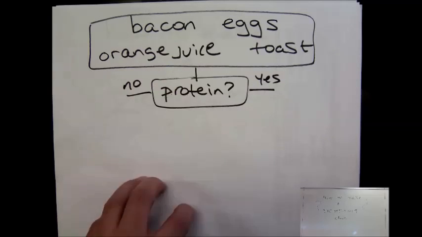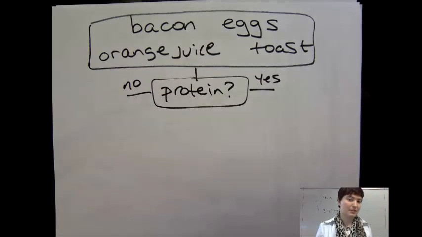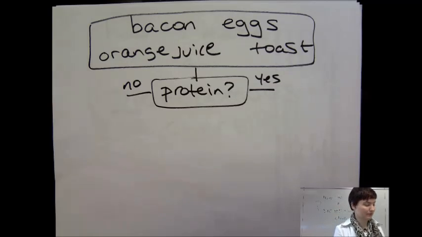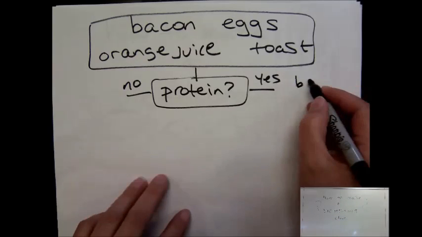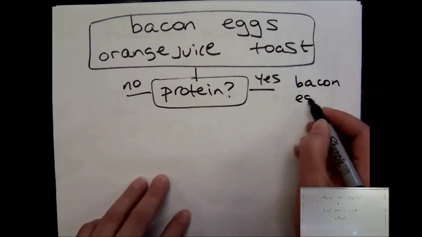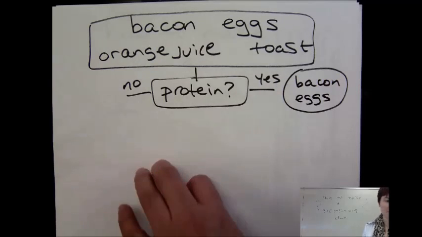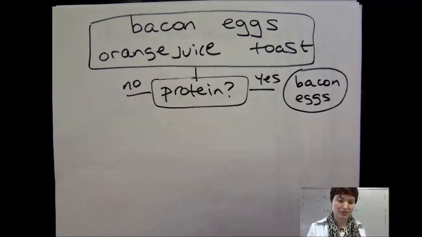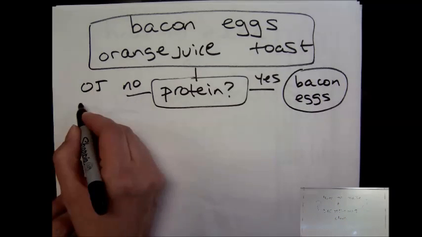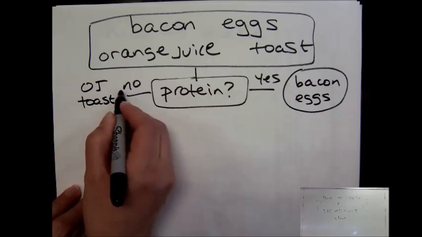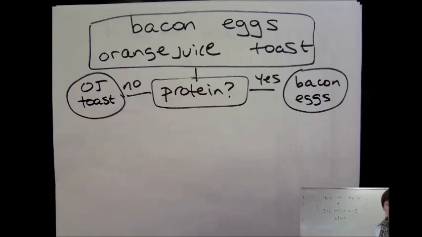No. If the answer is yes, then that narrows my options down to 2 things, right? Bacon, eggs. If the answer is yes to this question, now I have those 2 options. But if the answer is no, then we have orange juice and toast.